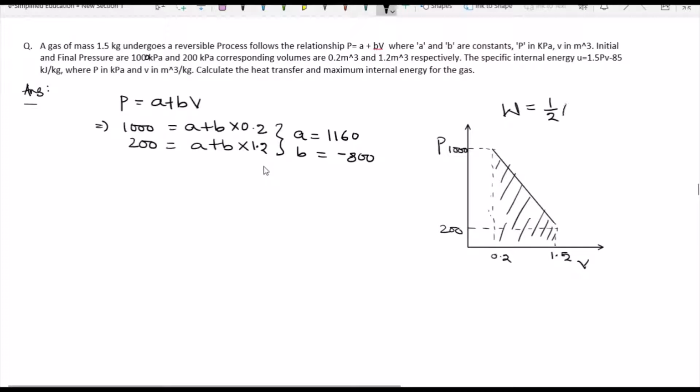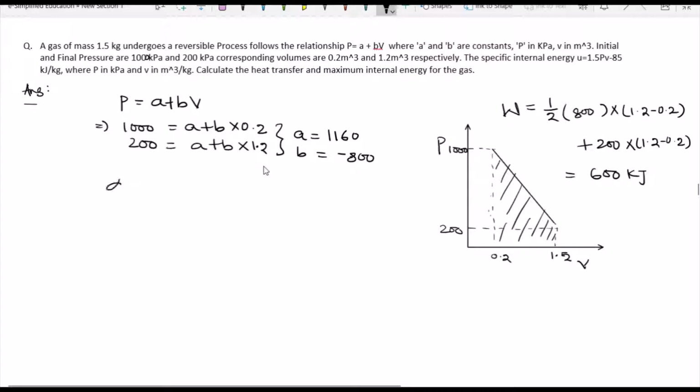So half into 800 into (1.2 minus 0.2) plus 200 into (1.2 minus 0.2). If you calculate this, you will get 600 kilojoule. To calculate the net heat transfer, you need the internal energy change.